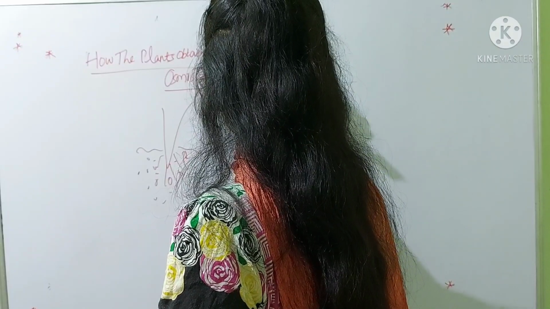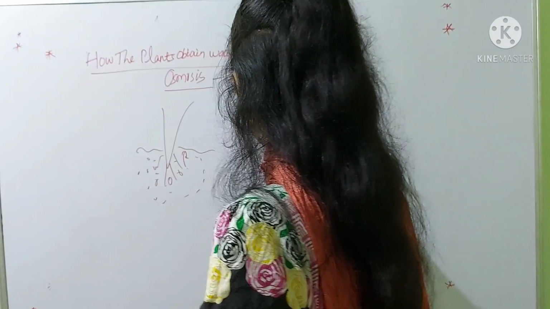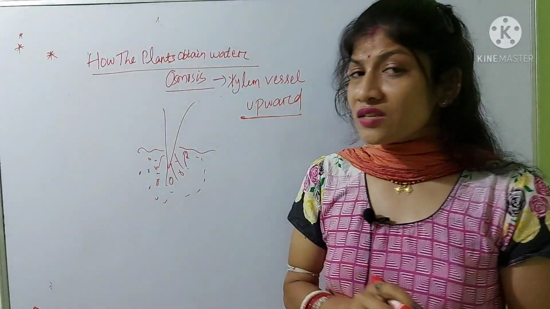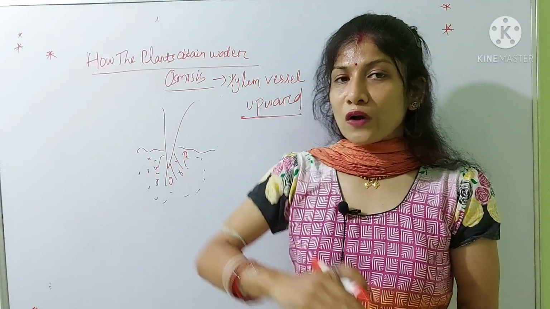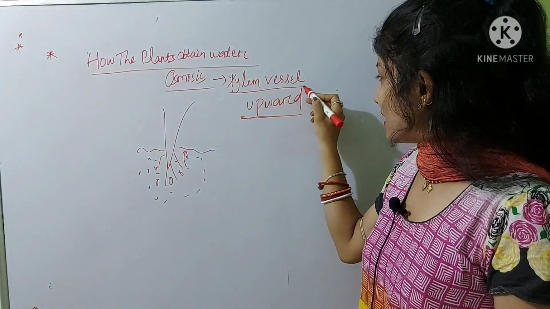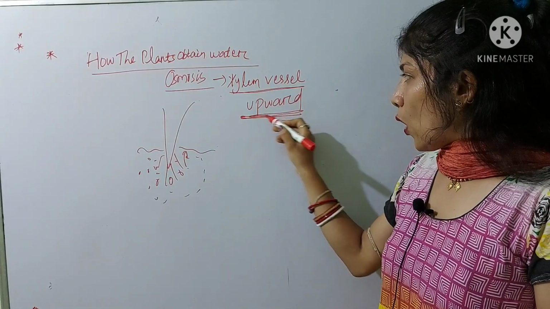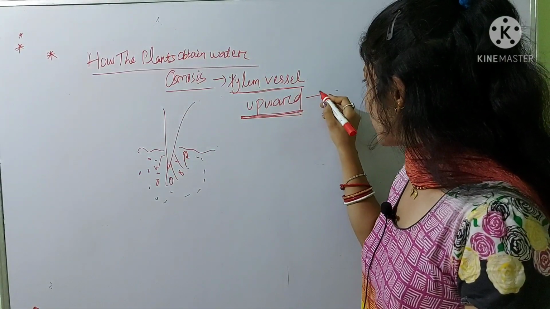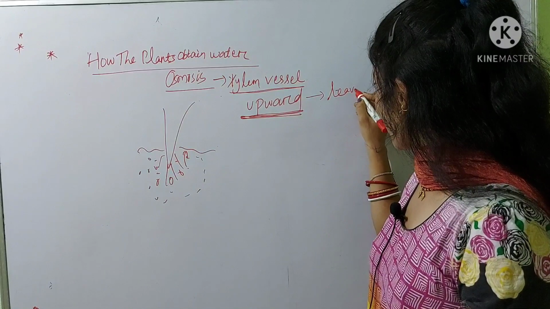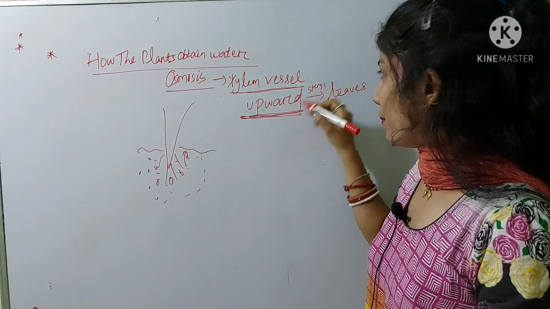The xylem vessel helps to transport water upward, because the transportation of water is always in the upward direction. So the xylem vessel helps the water to reach the leaves with the help of the stem and different branches.